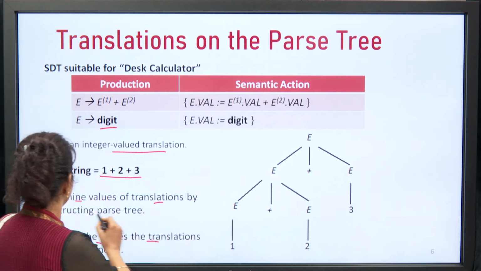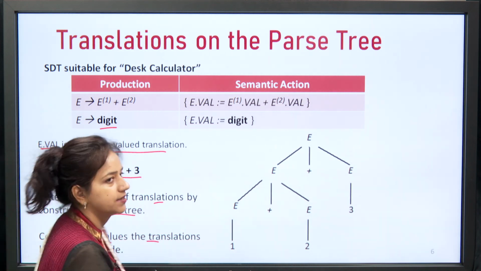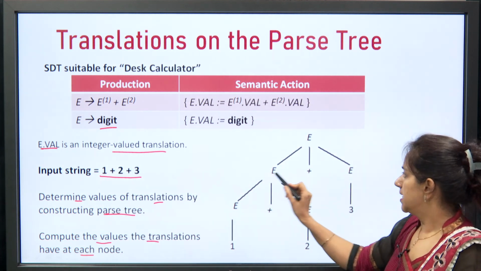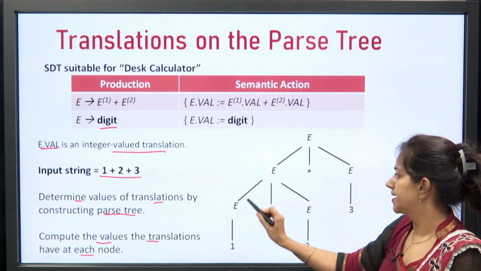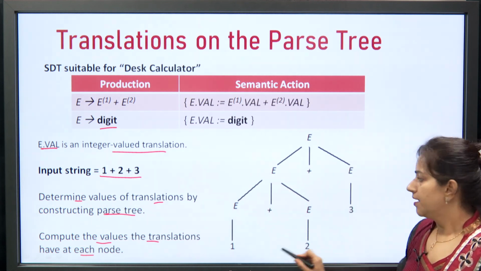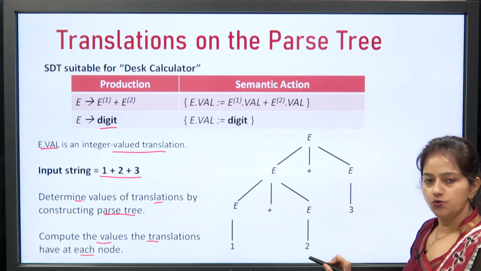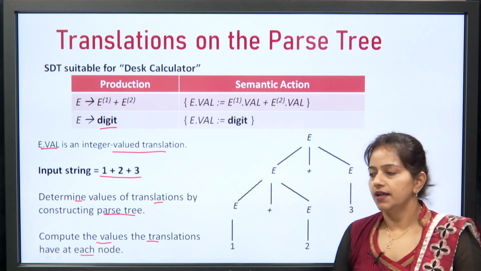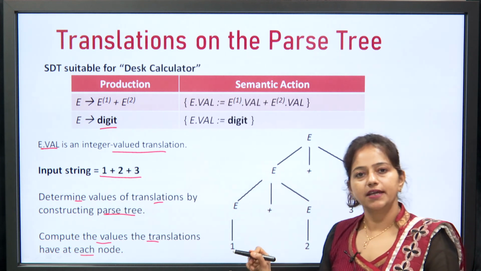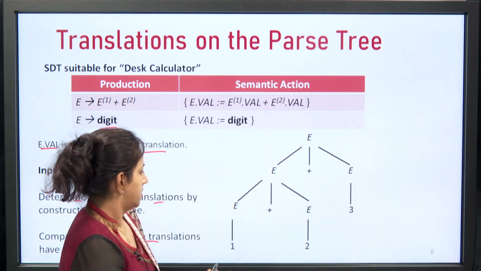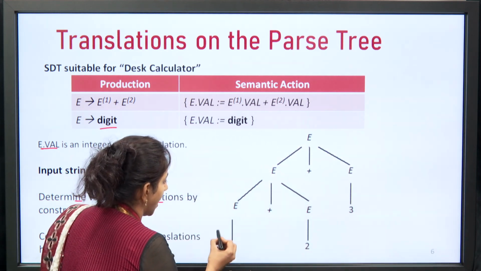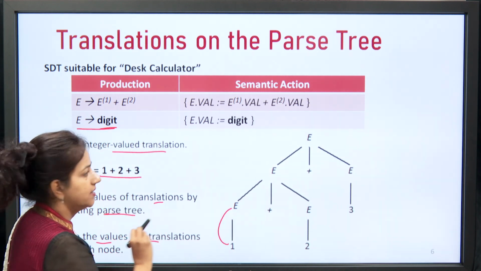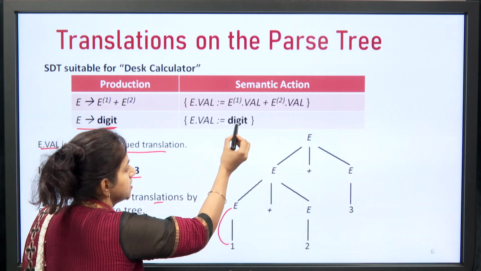So first we construct the parse tree. For this input string, we can construct the parse tree as follows: E to E plus E, then this E can be expanded to E plus E, then this E to 1, this E to 2, and then this E to 3. So this is the parse tree. Now, we will compute the translation for each node. Here this 1 can be reduced to capital E using the production E to digit, and its translation is E dot val is equal to digit.